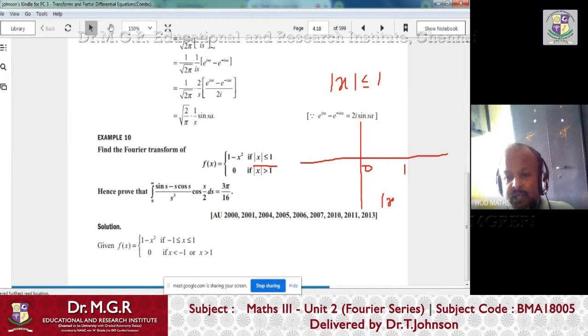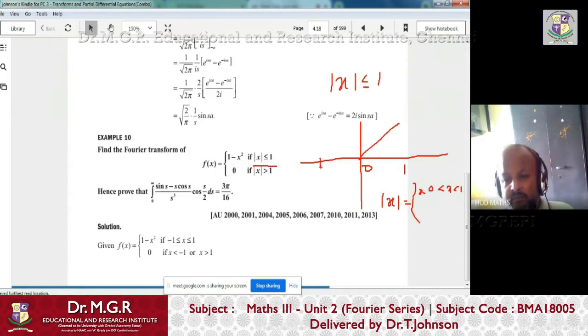Because when x is positive, you assume mod x equals x itself. So from 0 to 1, the function value is also 0 to 1. So mod x is less than or equal to 1.